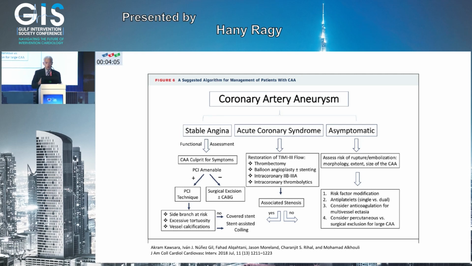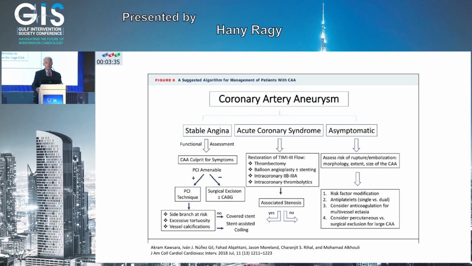If you just had thrombi, you might not want to put a stent. If you had a stenosis, you can use a stent, or a covered stent if there are no side branches, and covered stents do very well to exclude some aneurysms. You can do some stent-assisted coiling if you have very large areas of ectasia. It all depends what you find, and these are some of the tools that you use.